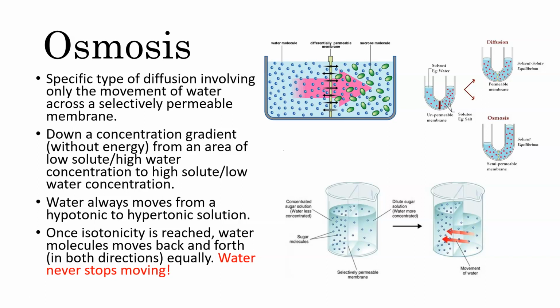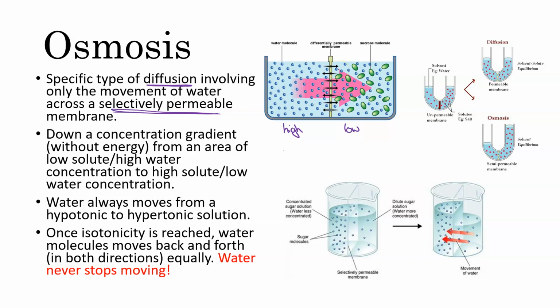However, osmosis is the specific type of diffusion involving only the movement of water across a selectively permeable membrane, and often the membrane isn't permeable to the larger solute molecules. It is just permeable to water, and so the water is going to move down its concentration gradient from an area of high concentration of water to an area where the water is less concentrated, okay, so low concentration.